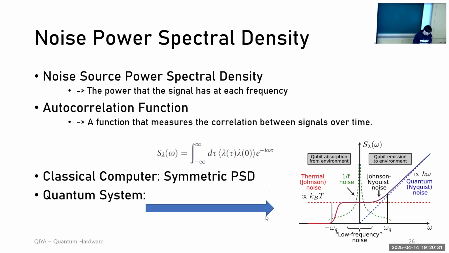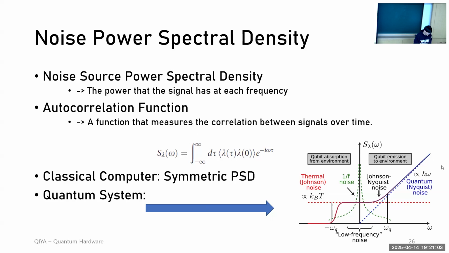So I will explain the noise power spectral density. The noise source power spectral density is the power that the signal has at each frequency. And the correlation function is a function that measures the correlation between signals over time. A classical computer has a symmetric PSD, but a quantum system does not have a symmetric PSD.